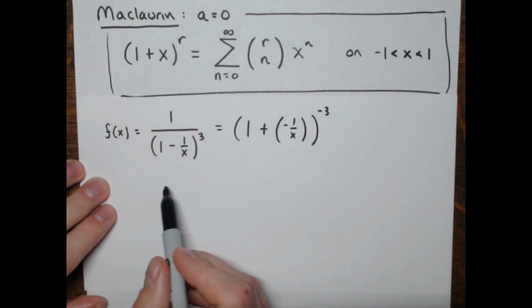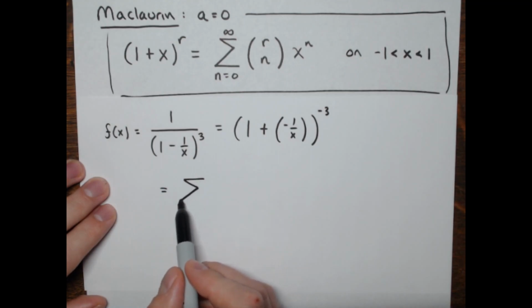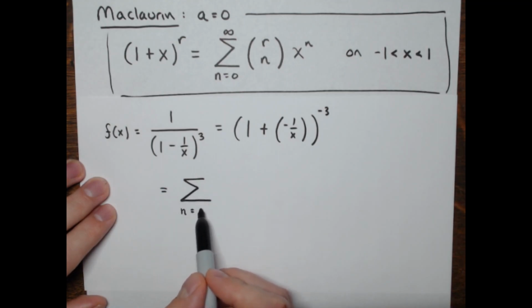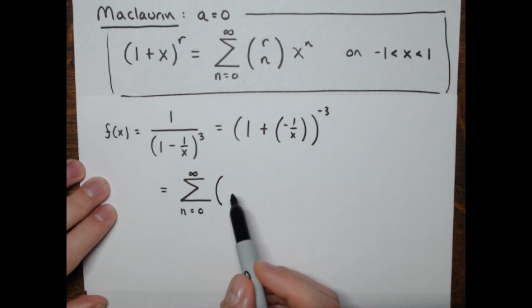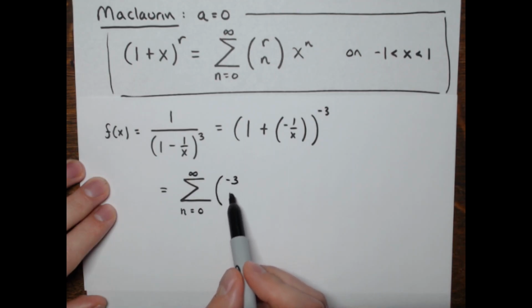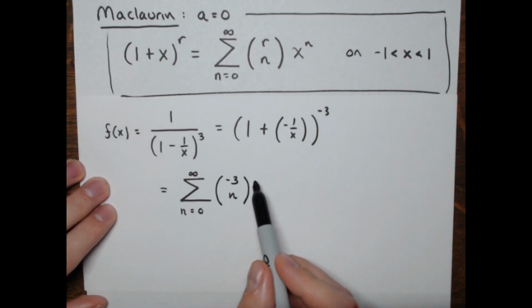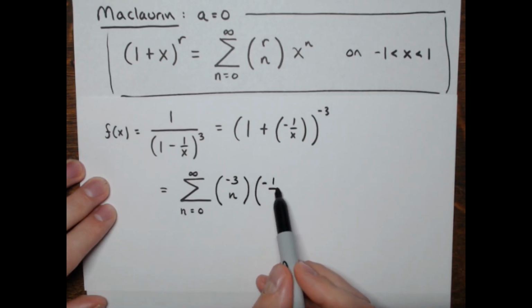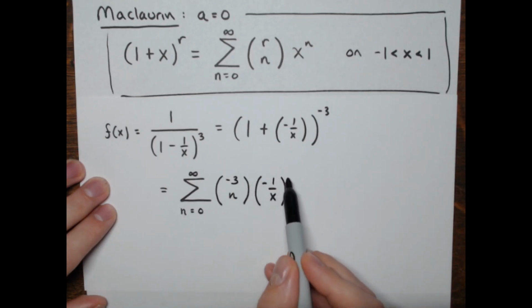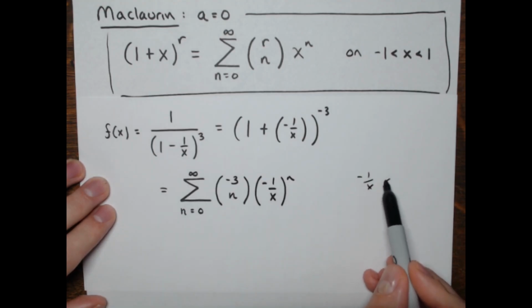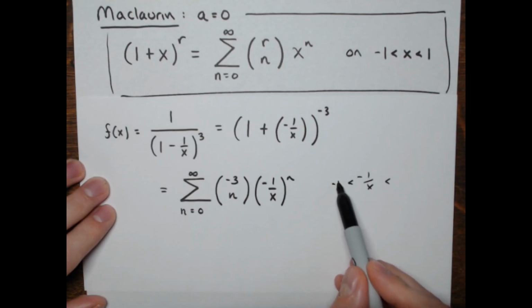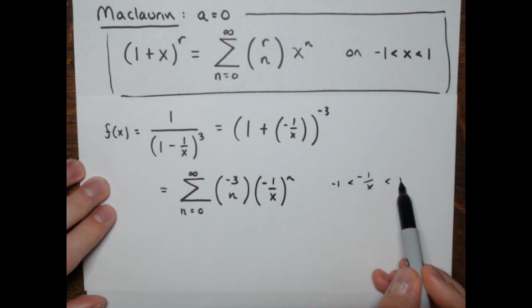Right, so x is being replaced by negative 1 over x, and r is being replaced by negative 3. Right, so this should be the sum from n equals 0 to infinity of negative 3 choose n times negative 1 over x to the nth power, when negative 1 over x is between negative 1 and 1.